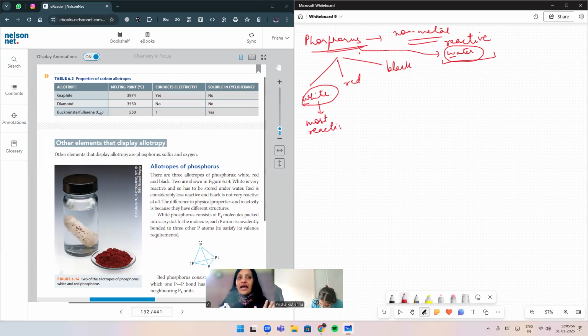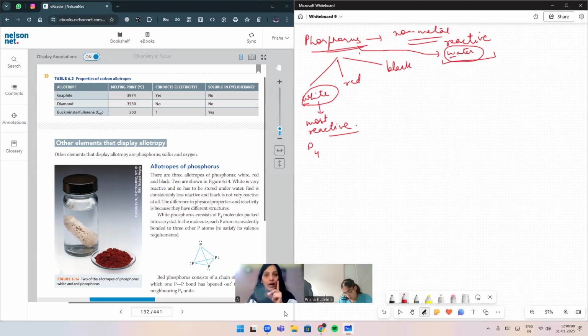Actually, what happens? The atomicity of phosphorus is 4. P4 molecules are packed up and the resultant shape is a crystal shape. One phosphorus atom will be attached with three other phosphorus atoms so as to be in a very definite shape. So white phosphorus is found in the crystal form, right?